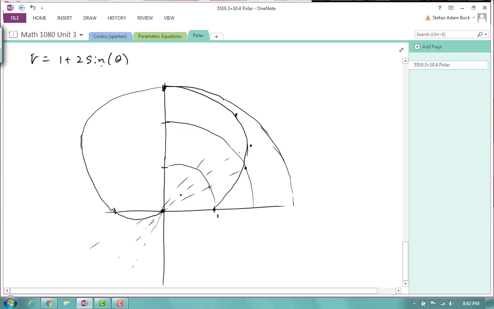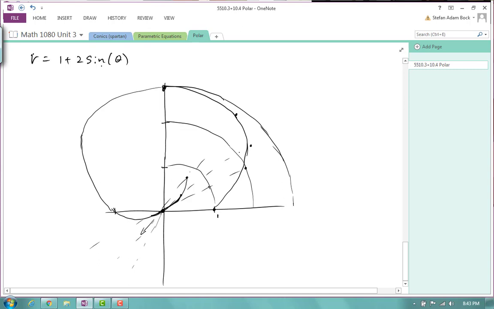So I'm pointing this way, but I have a negative radius. Now if I go down to 4 pi over 3, sine of 4 pi over 3 will be negative root 3 over 2. So that's 1 plus 2 times negative root 3 over 2, which is 1 minus root 3. And this is at negative 0.7-ish.